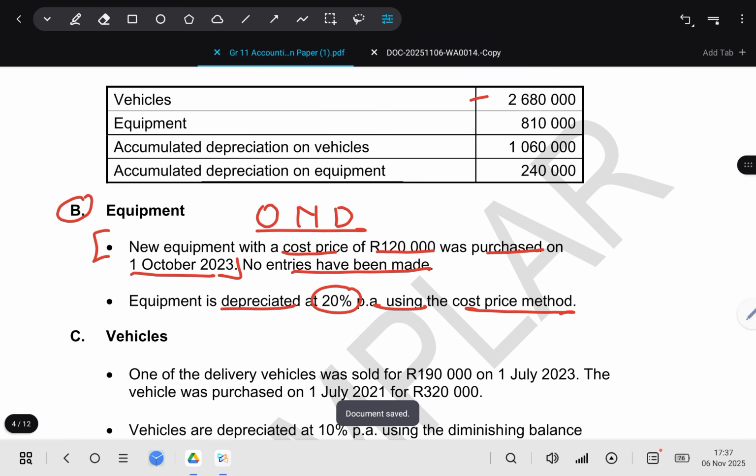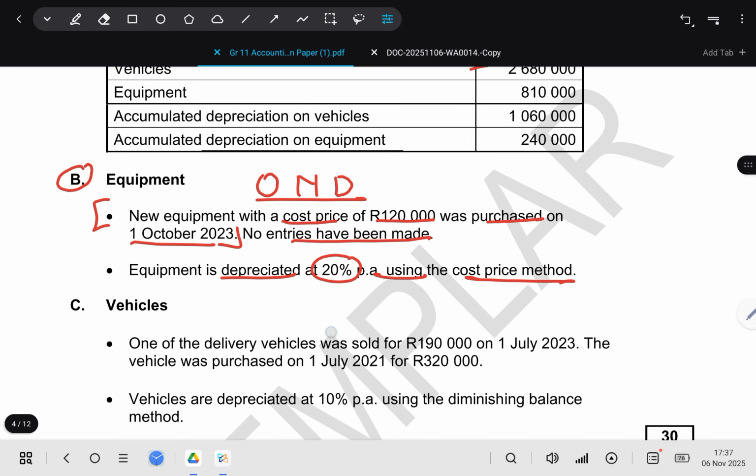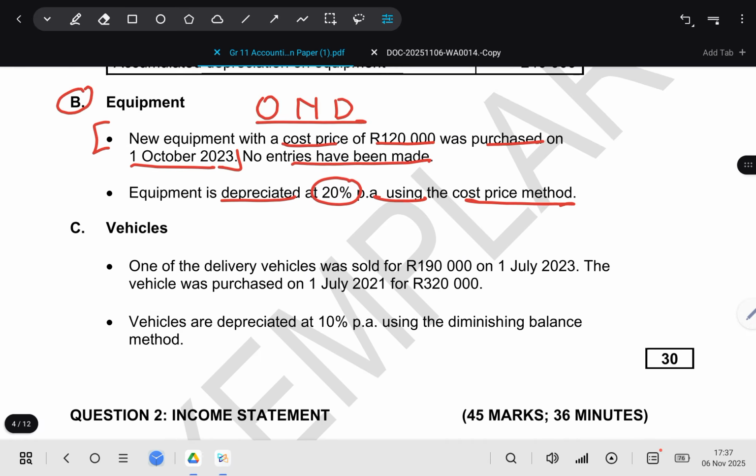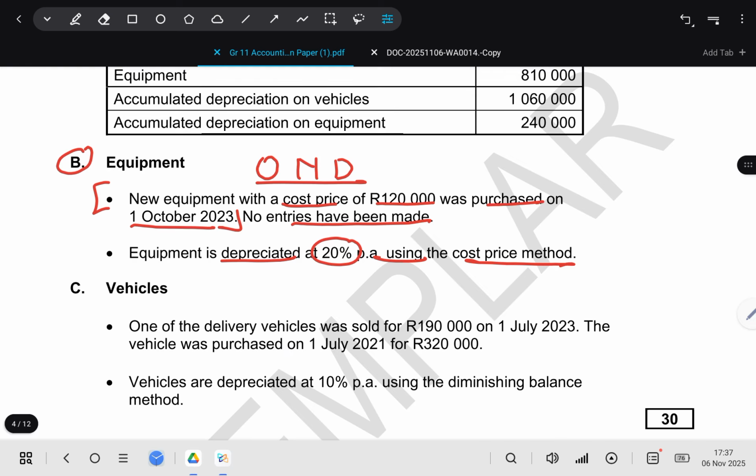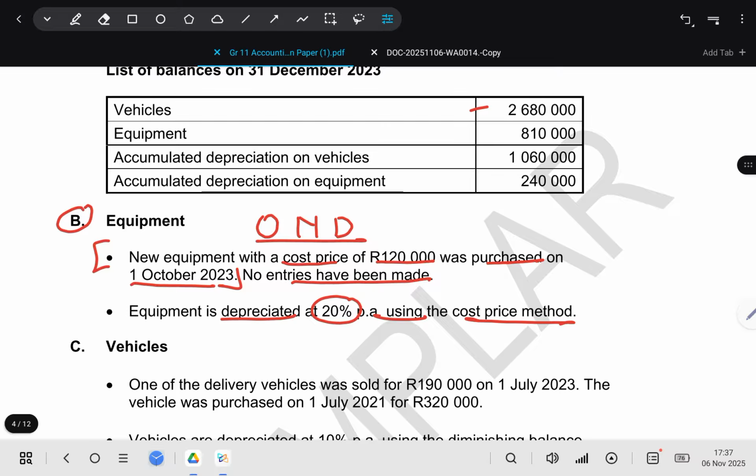Now, when it comes to old equipment, it's very important for you to check if there is a chance of you having a residual value. So now, remember, in terms of equipment, what is happening? They didn't tell us about any equipment being sold, and when we check, the cost price of our equipment is 810,000, and our accumulated depreciation is 240,000.